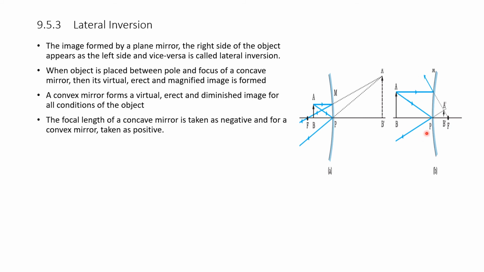Please remember, erect and diminished for all conditions of the object. So in both cases it is a virtual image, magnified in a concave mirror and diminished in a convex mirror.